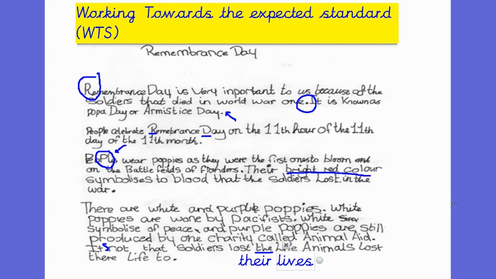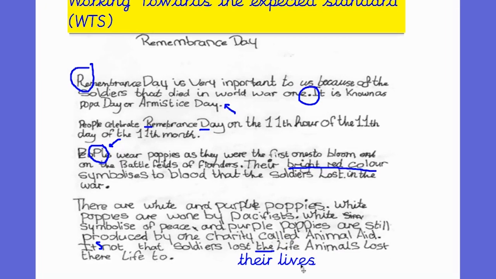So here you can see how the cohesion of the piece, the way we're kicked out, and it doesn't quite make sense, is because we've got some word omission, we've got the incorrect use of there, and we've got a plural missing here. It's not that soldiers lost their lives, possibly some punctuation missing here.